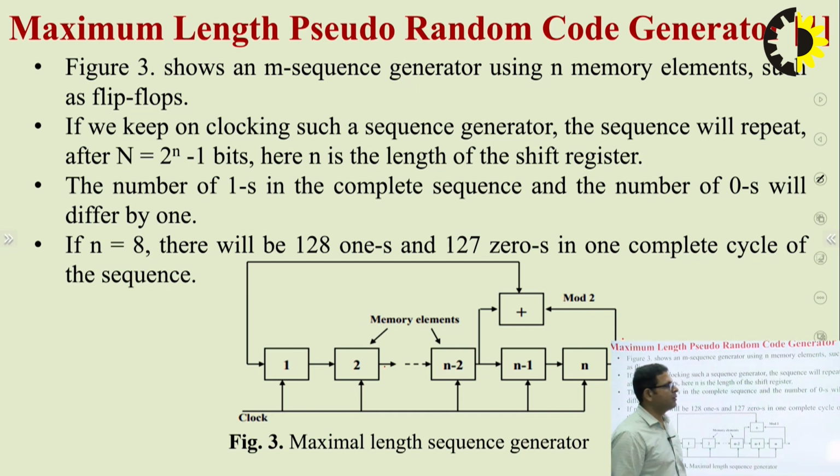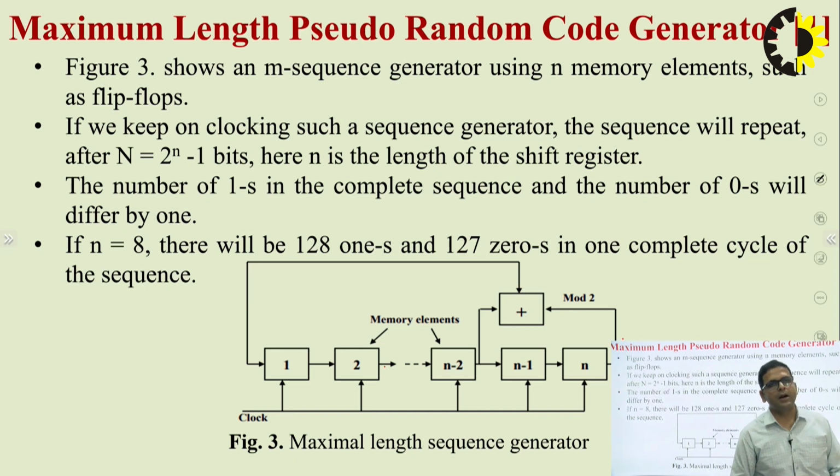Now we are going to discuss the maximum length pseudo random code generator. As I told you, this maximum length pseudo random code generator is derived from a feedback shift register, which has simply flip flops connected with a single clock signal.